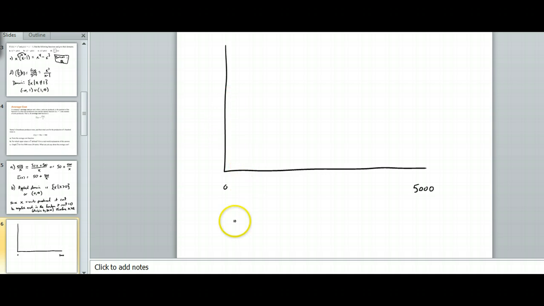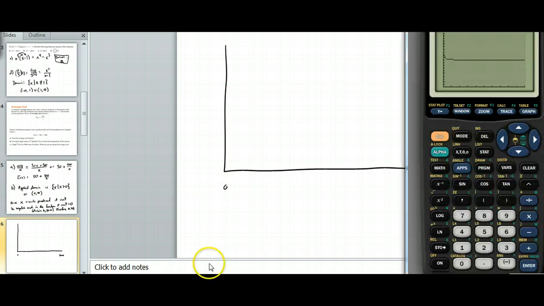When I plug in, I can't plug in 0, but when I plug in something really close to 0, like press the trace button, and then something like 0.0001, I get a really huge number still. But if I go up to, say, 1, I get 550, and then 2, 300.